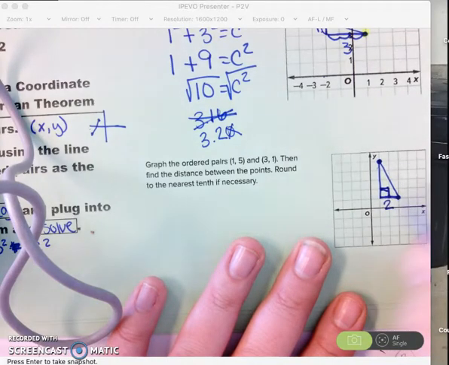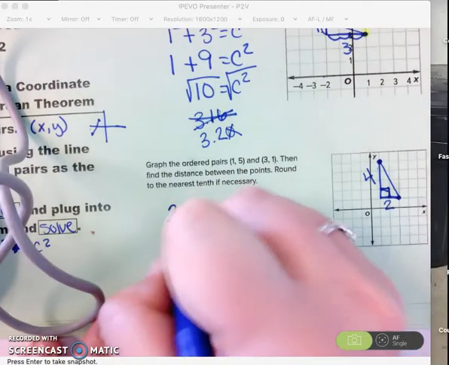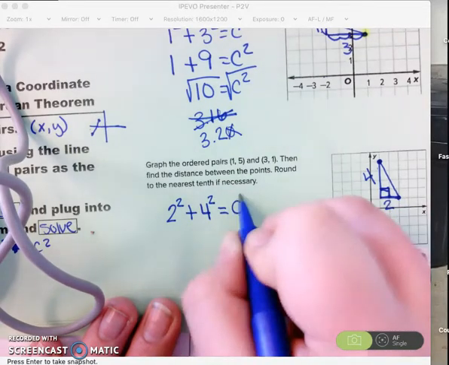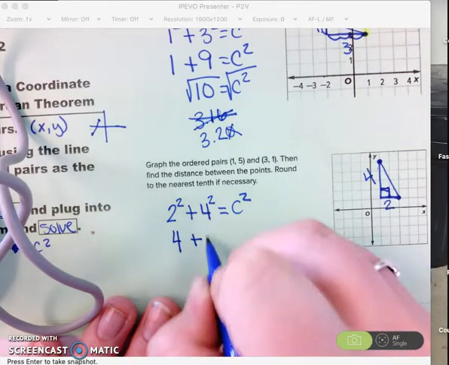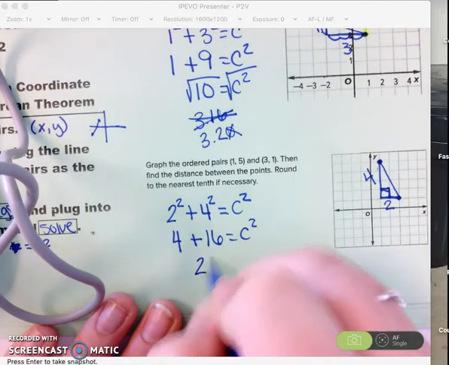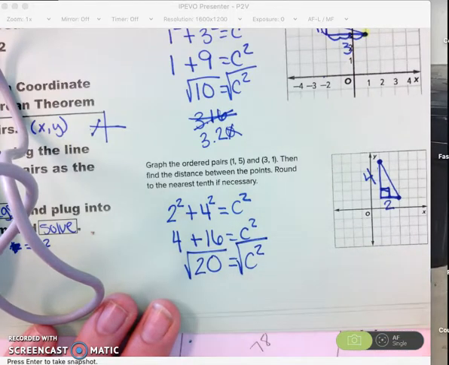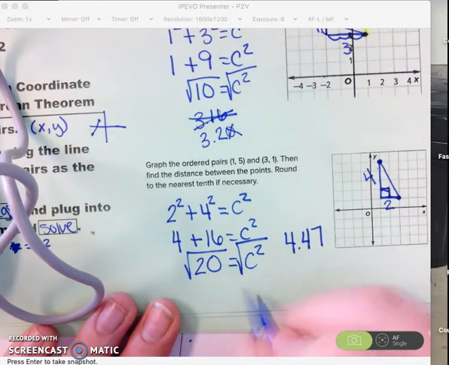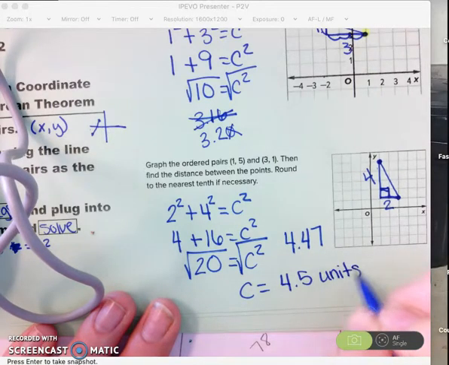This side is 2, this side is 1, 2, 3, 4. So I'm going to put 2 squared plus 4 squared equals c squared. 2 times 2 is 4. 4 times 4 is 16. Add the two numbers together, you get 20. C is 4.47, which rounds to 4.5. And we could actually label it units.